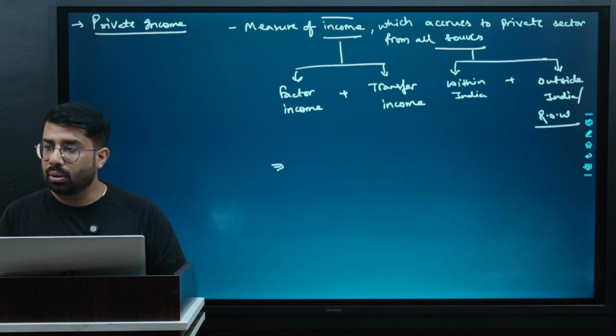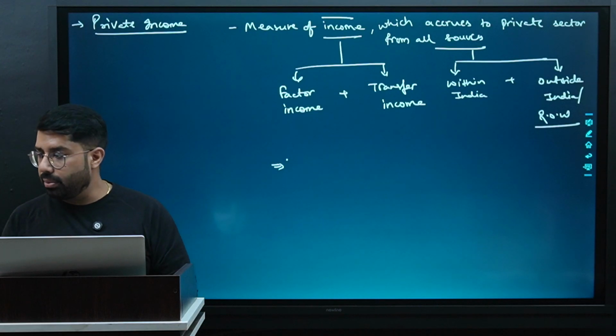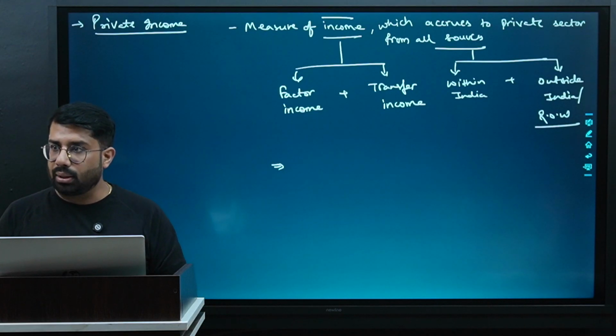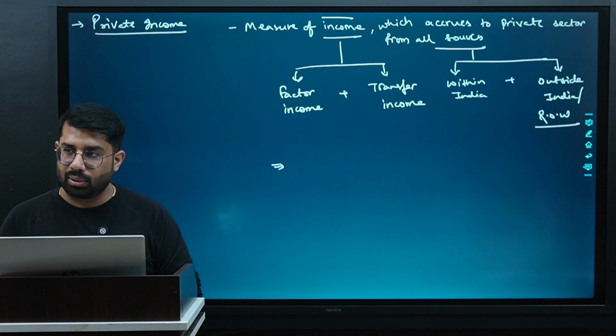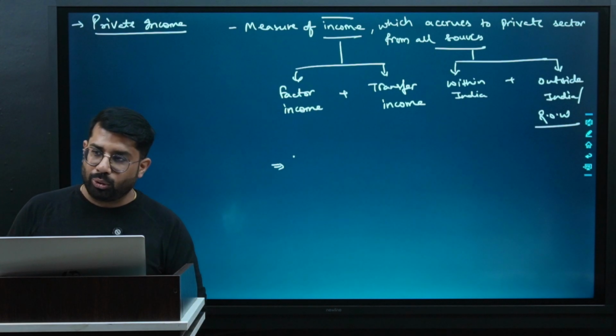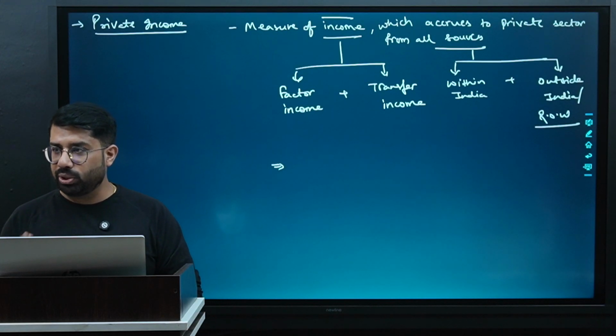Sorry? Bribe? Sir, one second. Bribe is an illegal act. And here we are talking about NIA, all the legal income. We don't take bribe. And if you get to know that somebody is taking bribe, the very first thing you should do is you should put that person into jail.